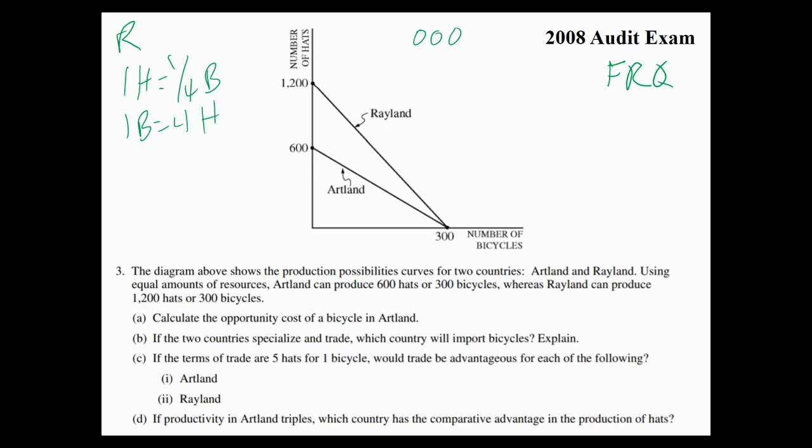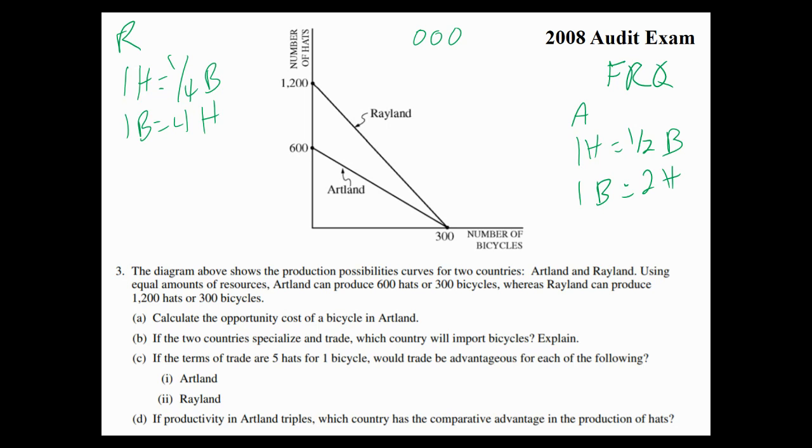So that's Rayland. And then I'll put Artland over here. For Artland to make one hat, other over, 300 over 600 would be 1/2 of a bicycle. And to make one bicycle is equal to 2 hats.